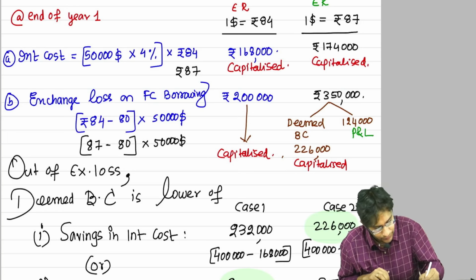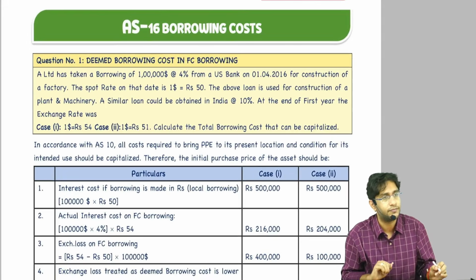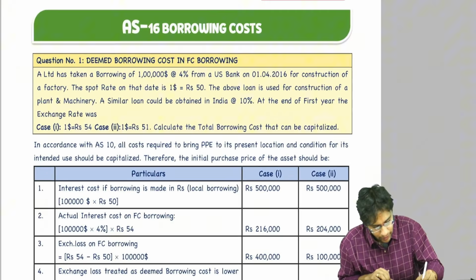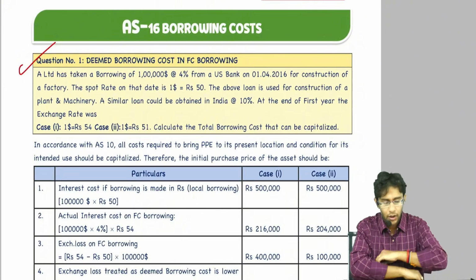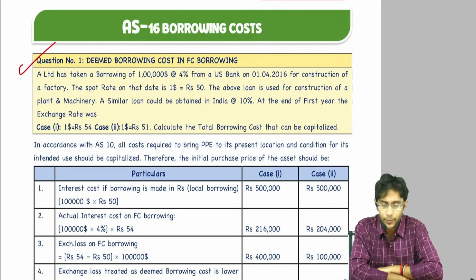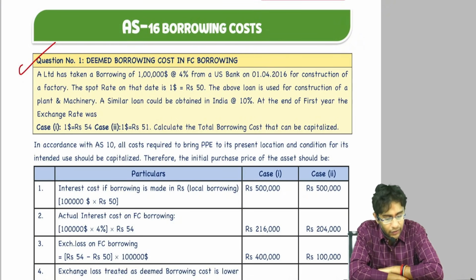Now before we forget, immediately one question we'll do on this. Come to question number 1. A Limited has taken a borrowing of $1 lakh at the rate of 4% from a US bank on 1/4/2016 for construction of a factory. The spot rate on that date is $1 equal to 50 rupees.